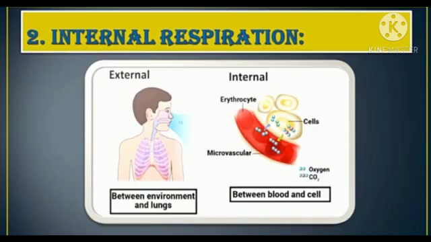Second is internal respiration. Internal respiration means exchange of gases between cells and tissue fluid. Oxygen moves from blood into tissue fluid and carbon dioxide moves from tissue fluid into blood.